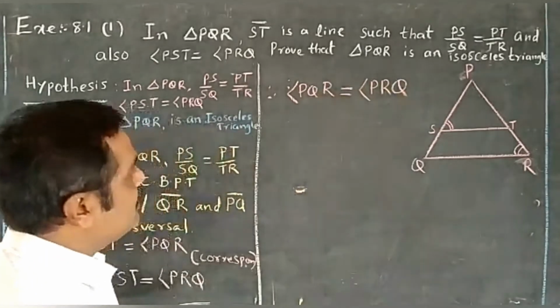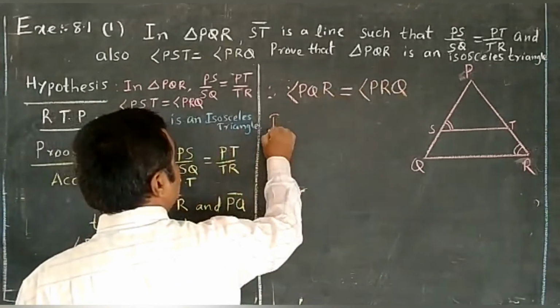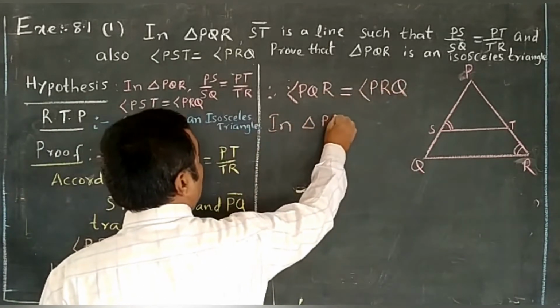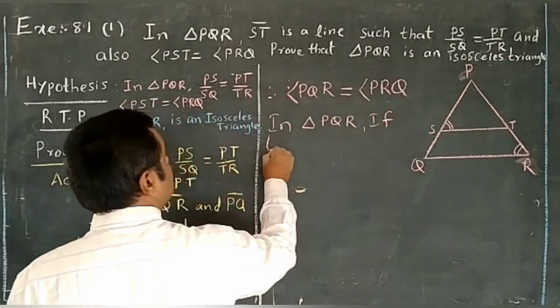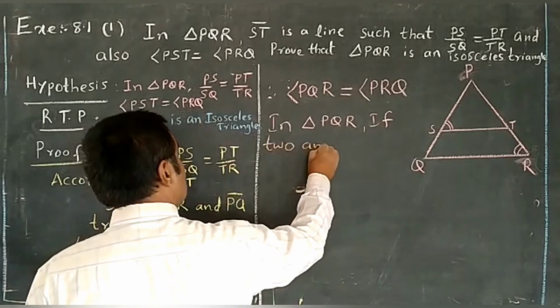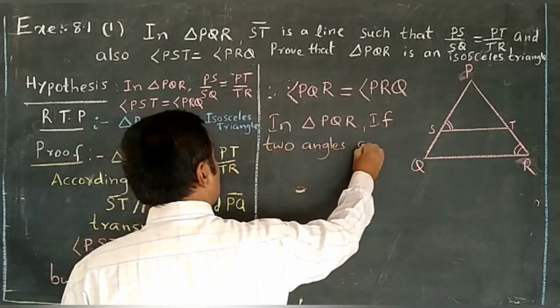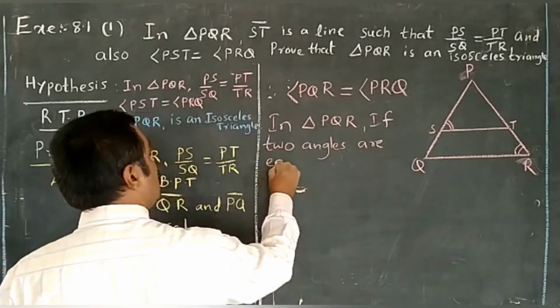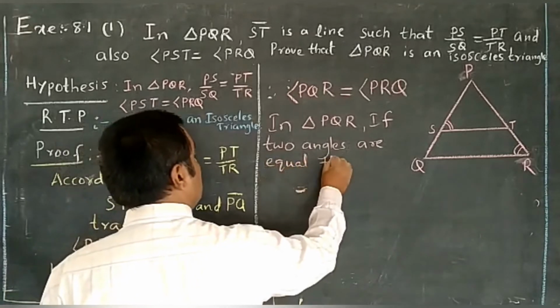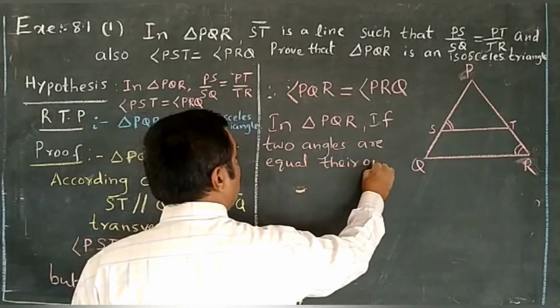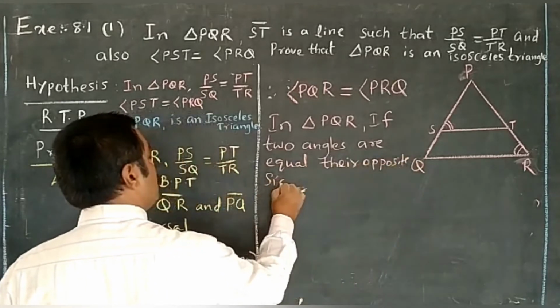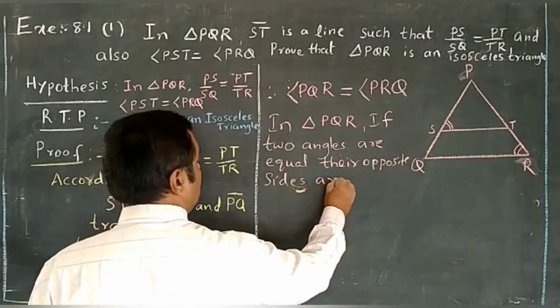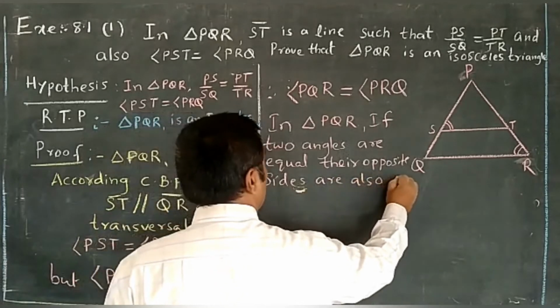So what happens here, children? In triangle PQR, if two angles are equal, the opposite sides are also equal. Okay, sir.